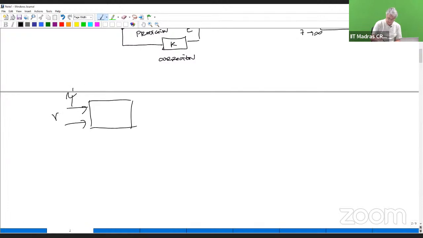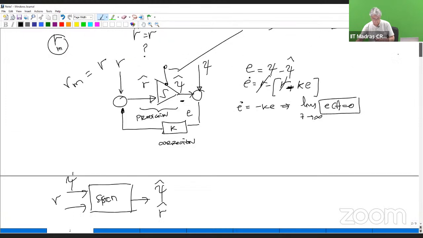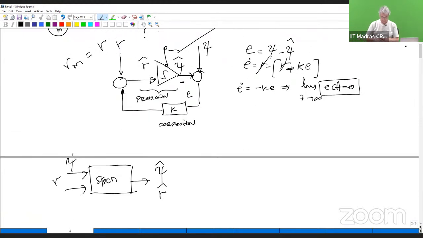You have measurements of R, and you have this system that you have designed with K positive, and you get estimates of psi and estimates of R. Now let's look carefully at two things.